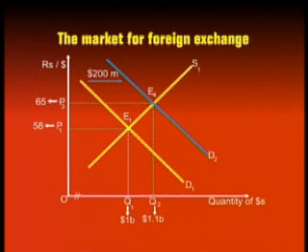Note why an increase of 200 million in demand only causes an increase of 100 million in the equilibrium quantity. That is, in moving from Q1 to Q2, the quantity only increases by 100 million. Why is this? This is because of the market mechanism.